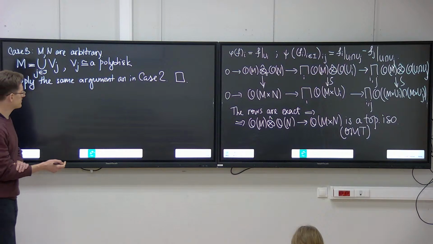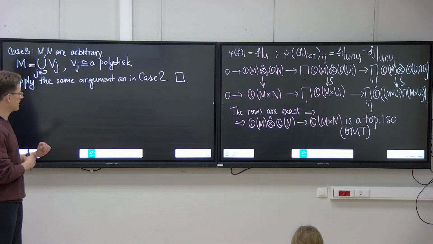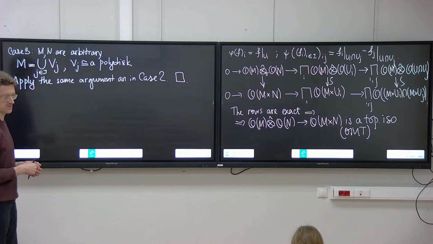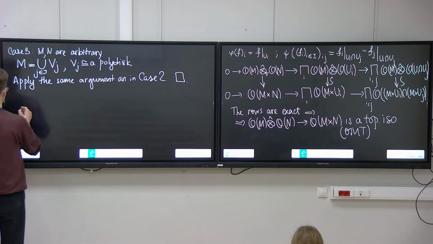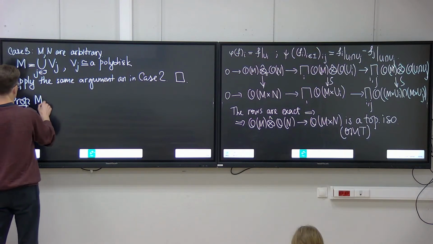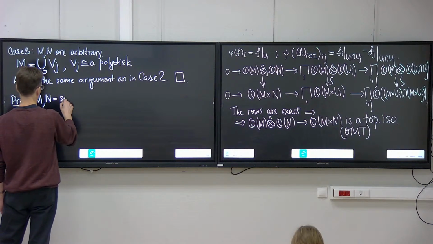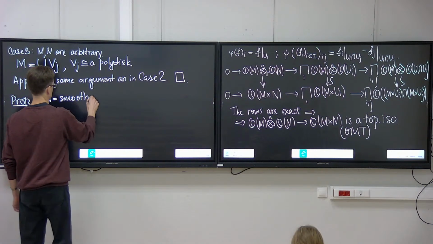Okay, in fact, by using a similar argument, we can prove the respective result for spaces of smooth functions on smooth real manifolds. Suppose that M and N are smooth real manifolds.